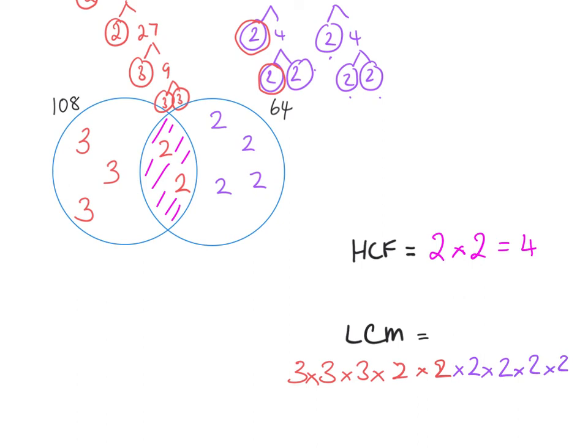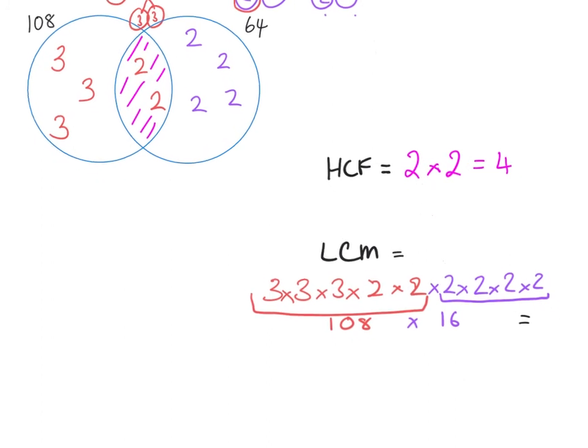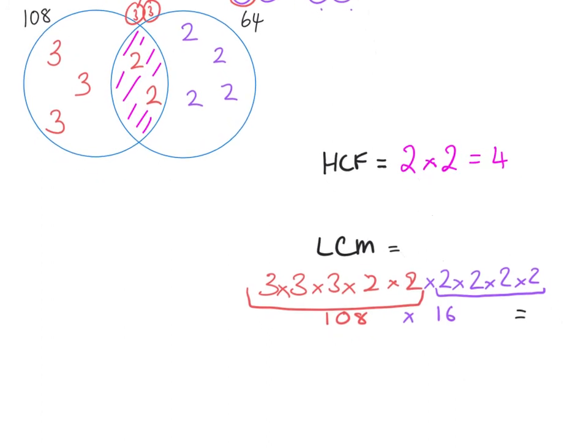Now I know that the red numbers there equal 108. We're then going to multiply by these extra 2's. So 2 times 2 times 2 times 2 is 16. So then we're going to work out that value to get the lowest common multiple, which is 1728.